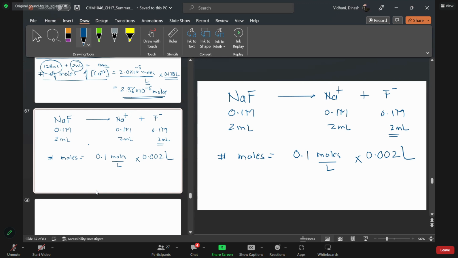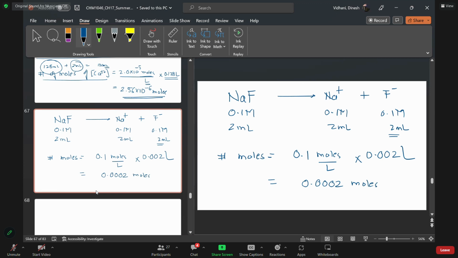Can you find me the number of moles now? All of you got that answer? 0.0002? So these are the moles of fluoride ion in 2 milliliters.